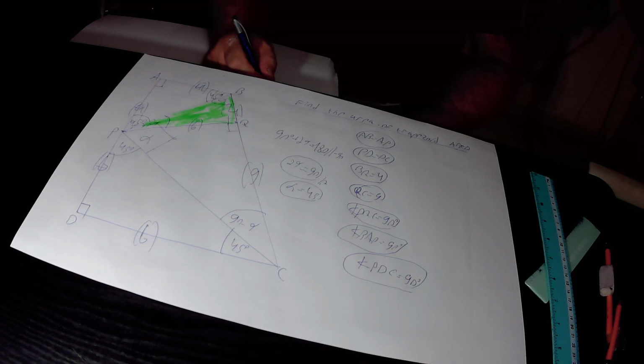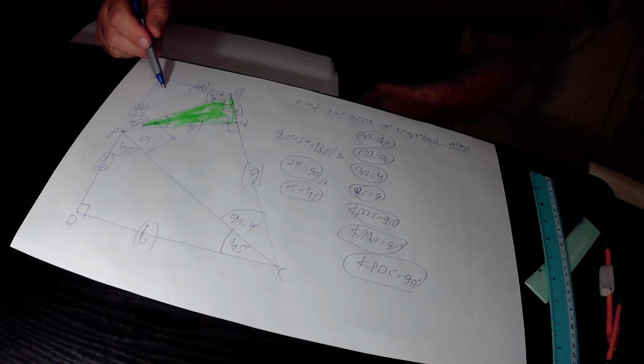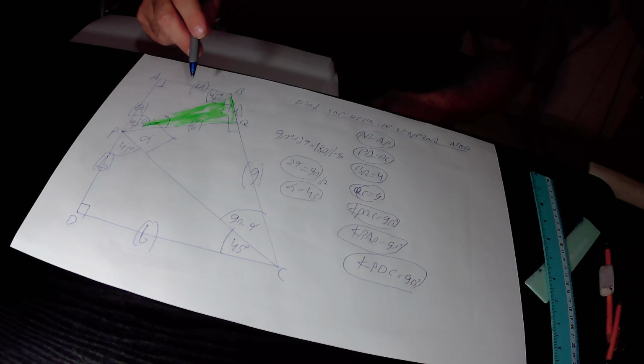So the area of trapezoid ABCD is equal to the area of this small right triangle ABP, plus the area of the second component that trapezoid ABCD consists of.